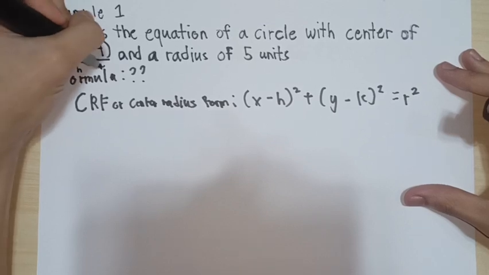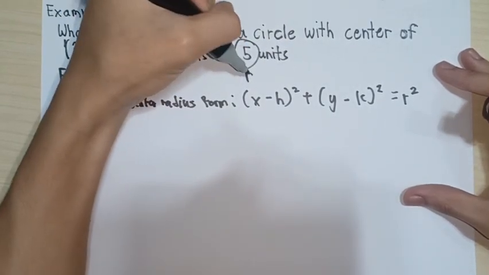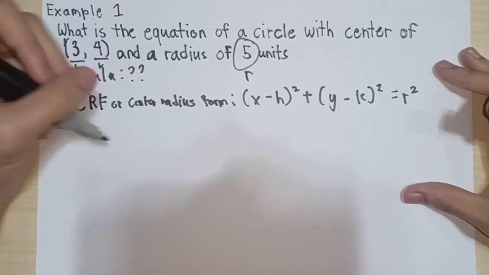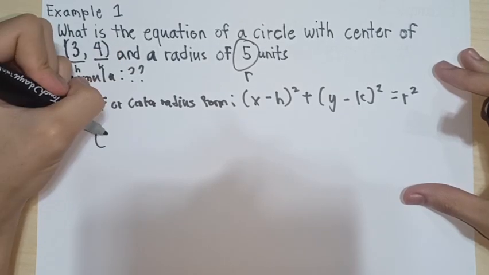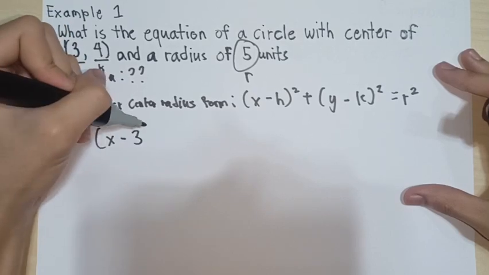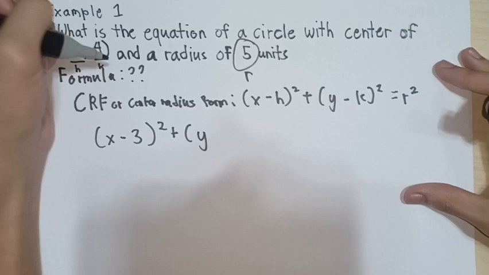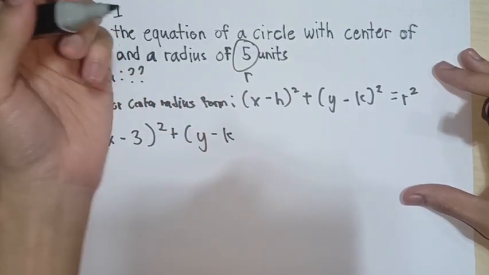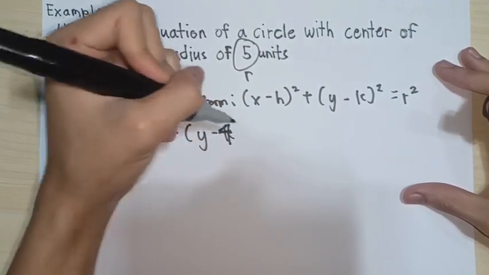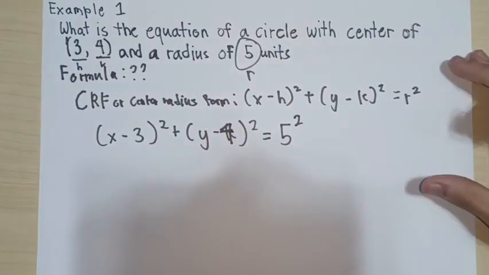Our center would be 3 and 4, which is h and k, and our radius would be 5. Once we get the h and k and radius, we can now finally use the center radius formula. (x minus 3) squared plus (y minus 4) squared equals 5 squared.